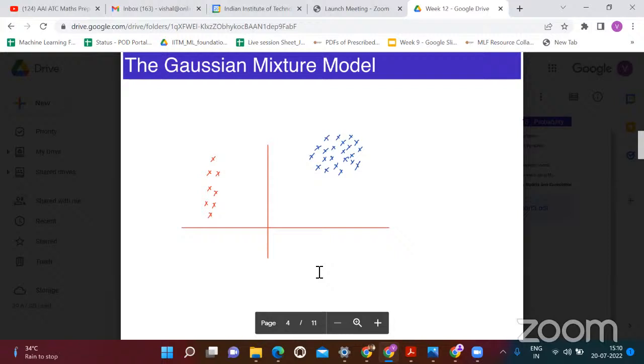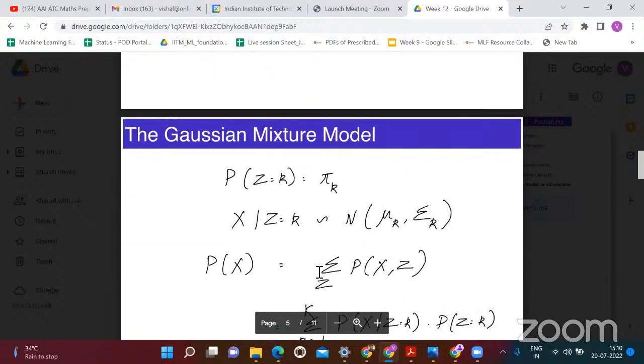But if, for example, both clusters were red or both were blue, and you have been given the data set, then you will not be able to say which cluster it is coming from, because earlier you knew the color code or the parameters, so you could directly say this data set is coming from this cluster. But if you have not been given that, you can't say. Okay, so there is a method.